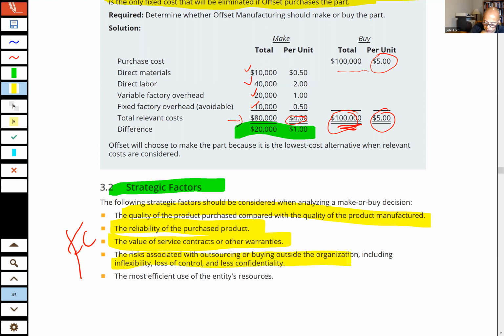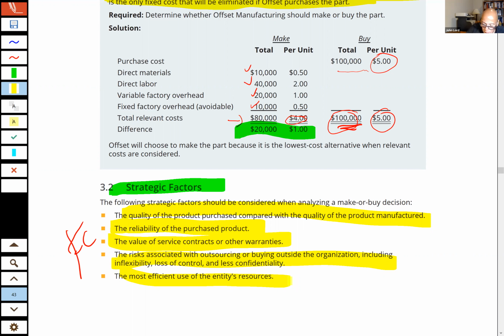We have to trust these manufacturers outside to do a good job. Risk associated with outsourcing: what happens if they all of a sudden tell us, hey, we can't meet your capacity anymore? And the most efficient use of the entity's resources. Really these come down largely to quality control issues, but go ahead and flashcard those.